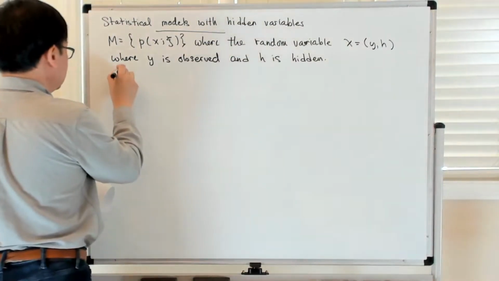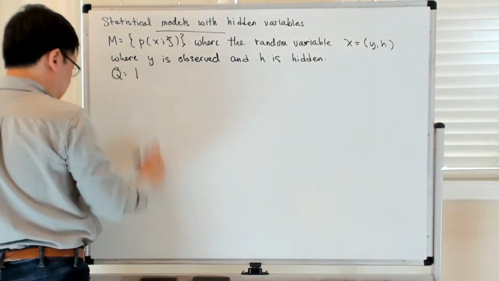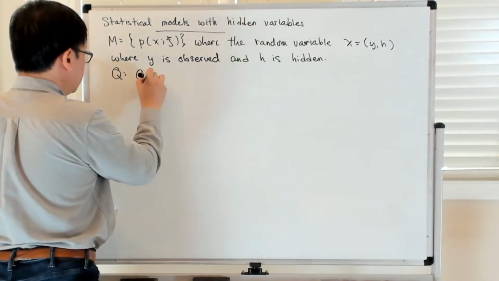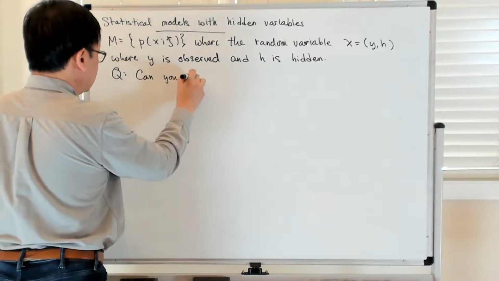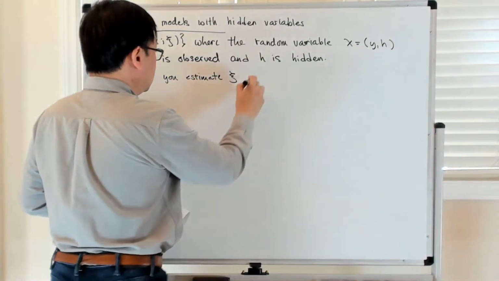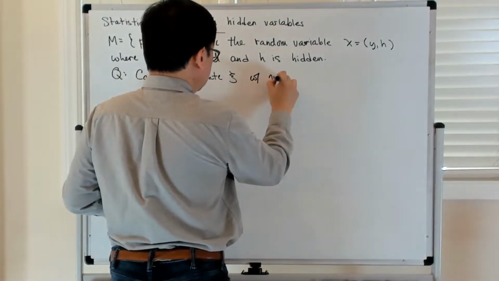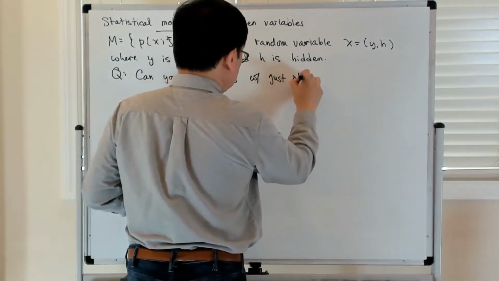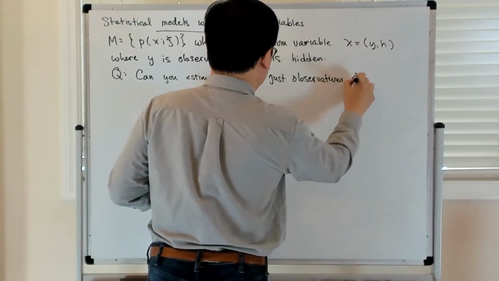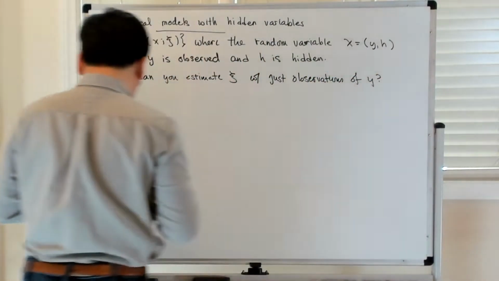So the question is, can you estimate c with just observations of y, right?